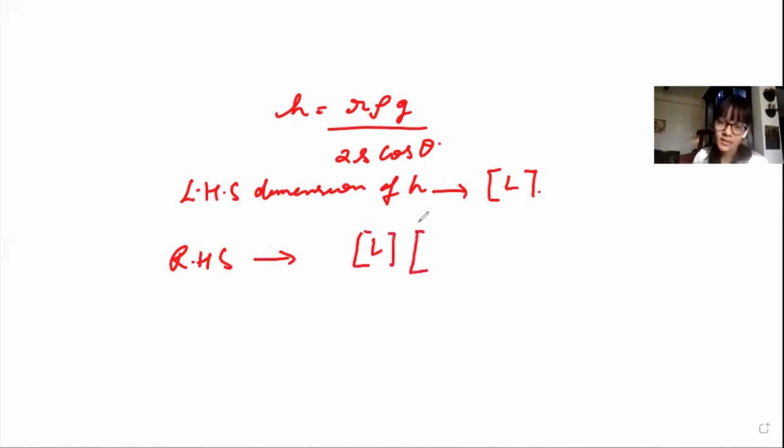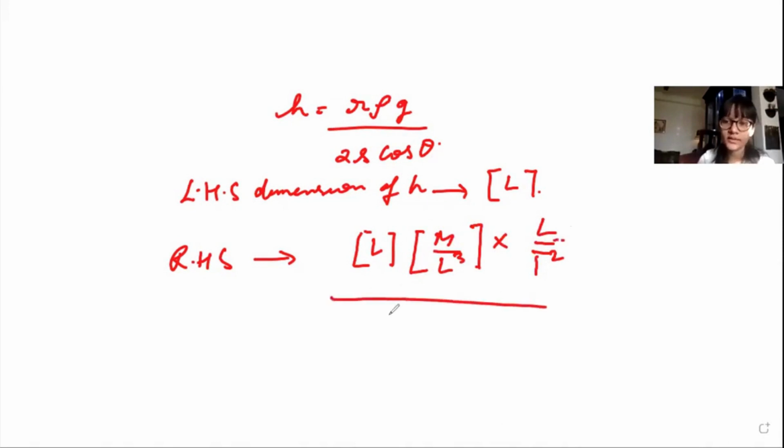Rho is the density, mass upon volume. Then g is L T to the power minus 2. That is divided by 2 times S, the surface tension, whose unit was given, so you can write it as M T to the power minus 2. And cos theta?